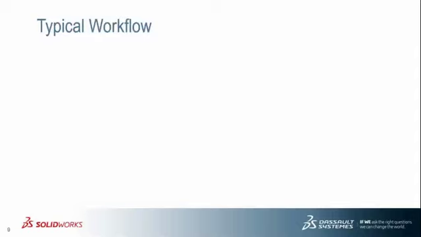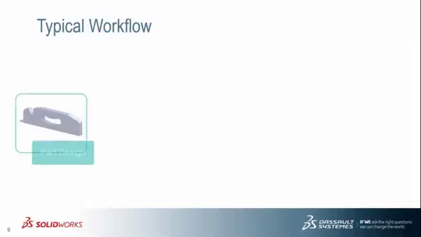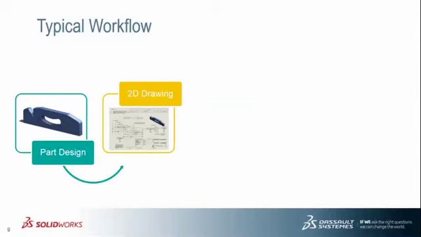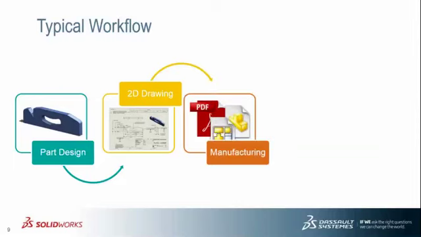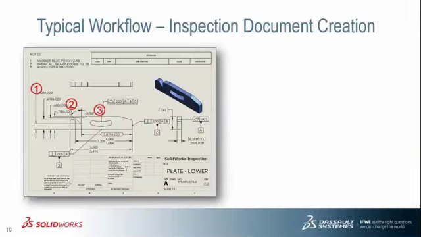So let's take a look at how the typical workflow for developing inspection reports begins. The designer or mechanical engineer creates the part, and then the designer and possibly the mechanical engineer create the 2D drawing, which is then delivered for manufacturing by way of balloon drawings.